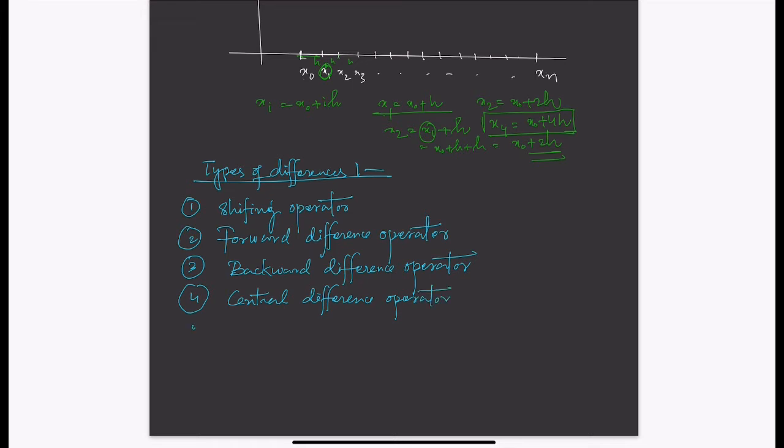And the fifth one is average difference operator. Okay, so there are five difference operators. So now what are we going to study? We are going to study what a shifting operator is.